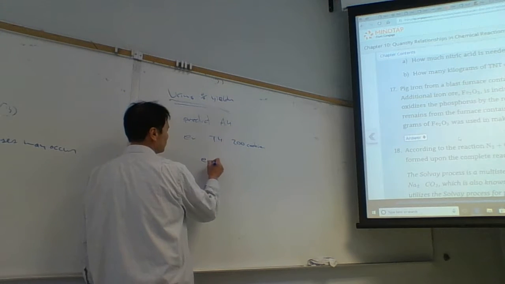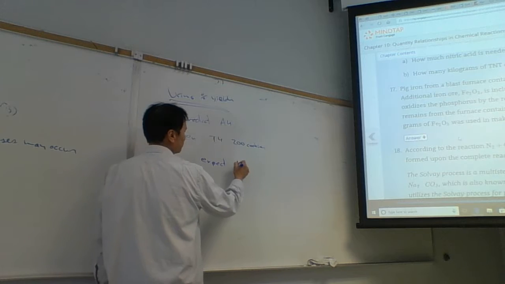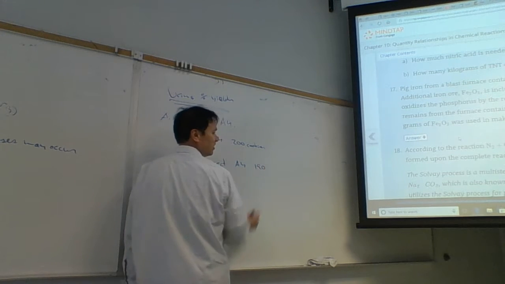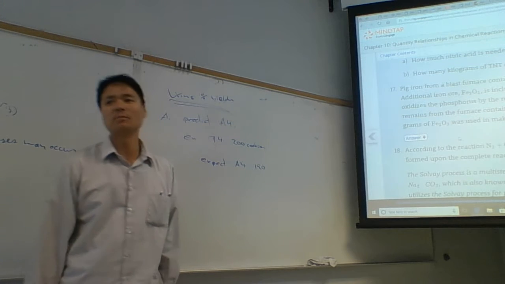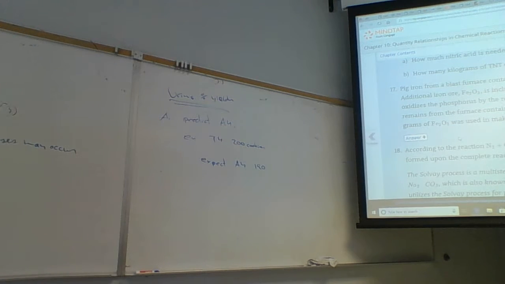And so in this case, we're going to expect an actual yield of 190. Probably going to lose about 10 of them. This is a guess. Could be more, could be less. But based on the last batch, this is what I predict.